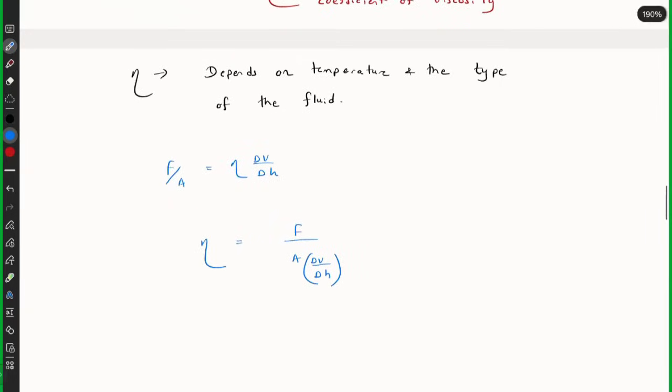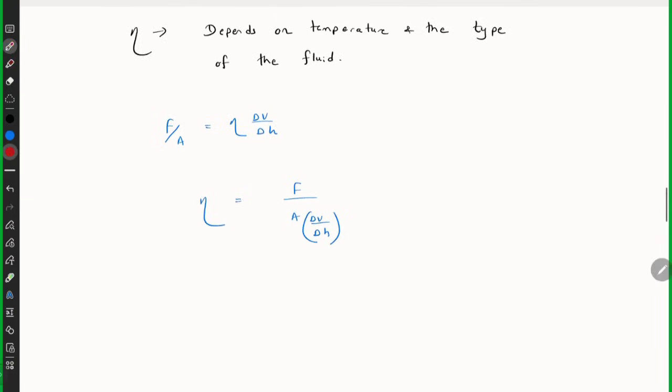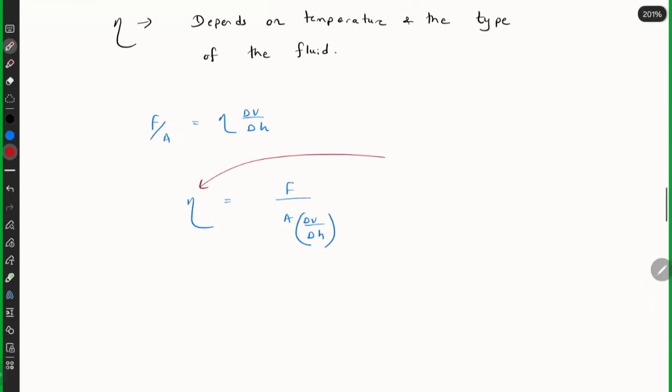Right. Okay, then, now when I isolate eta, can you see F over A into delta V over delta H? So what can we say then? We can define eta like this.